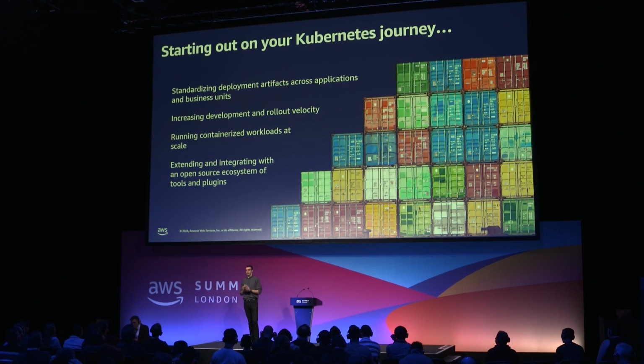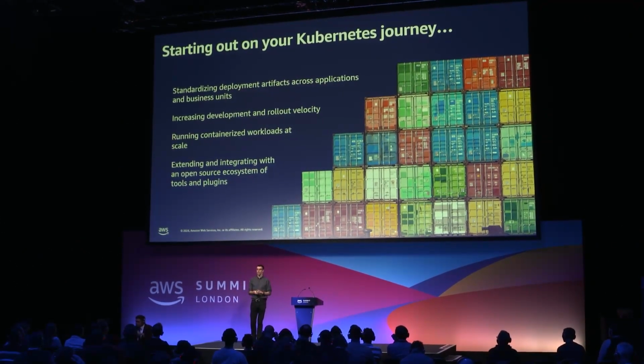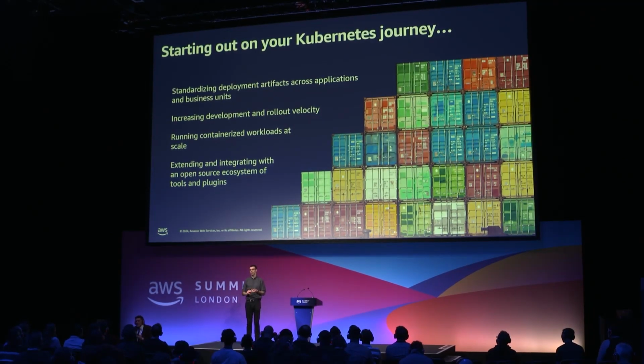You may be wanting to standardize your application estate across a wide variety of different use cases. Stateful applications, stateless applications, data processing, batch, machine learning, maybe even some new Gen AI applications. You want to try and find a way to standardize your deployment. And by using containers and by using Kubernetes, you're able to do so.